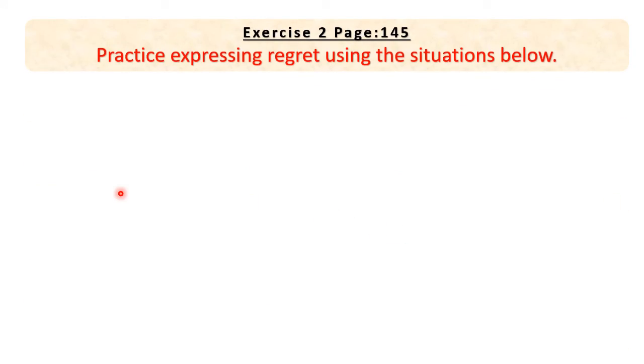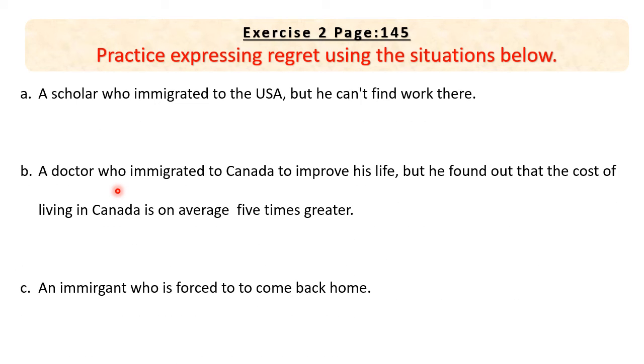Right, so another exercise is the one that you have as homework. It's exercise 2, page 145 in Ticket to English. Practice expressing regret using the situations below. Here is the correction. You have already done the exercise.